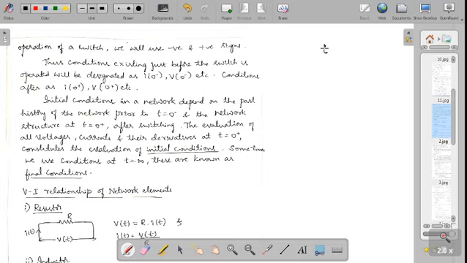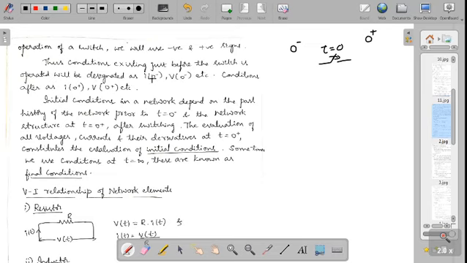So at t equals 0, we will be closing the switch. The time before the closing of the switch is considered negative, and the time after the closing is considered positive. Thus, conditions existing just before the switch is operated will be designated as minus.